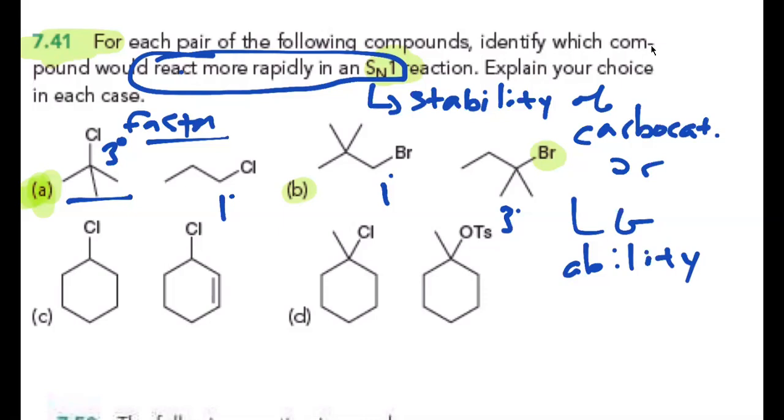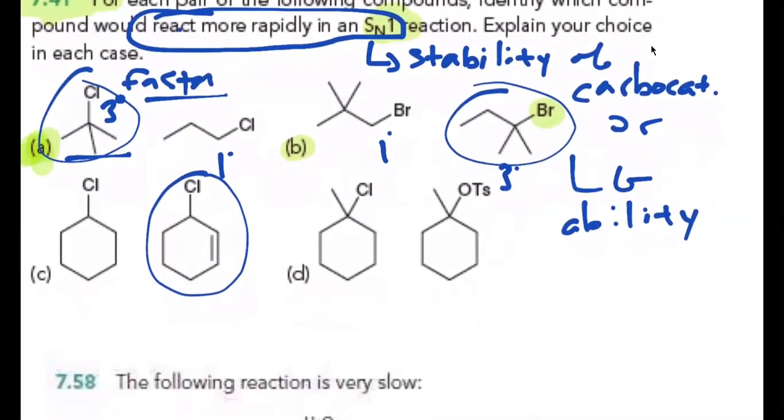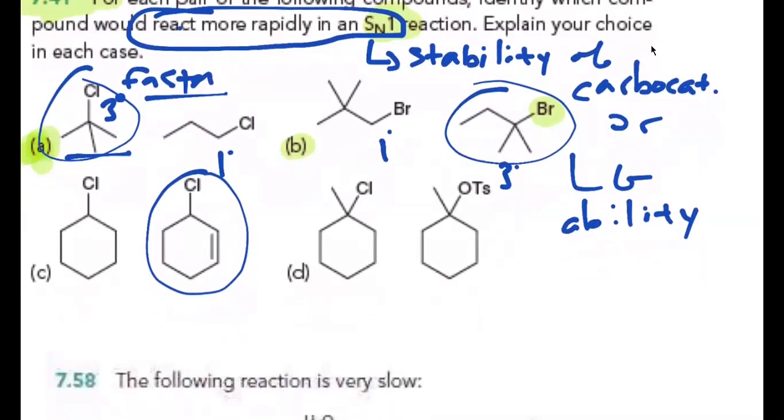All right, this one, I'm going to circle it. What about C? The second one. Why do you say that? Because it's able to have a second resonance structure.